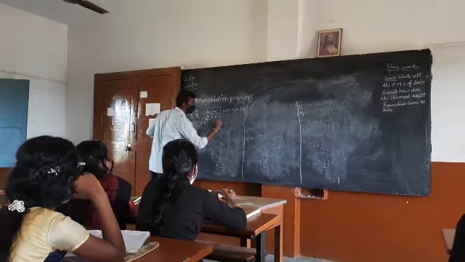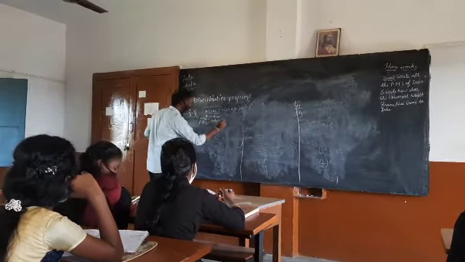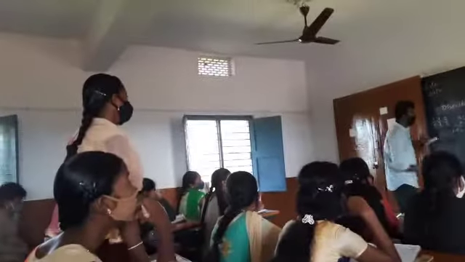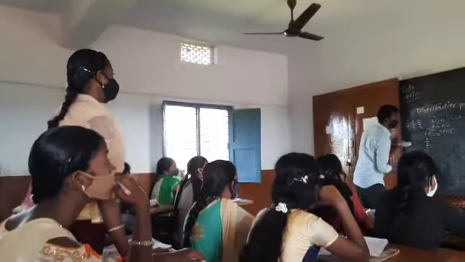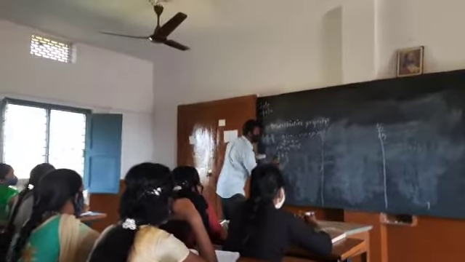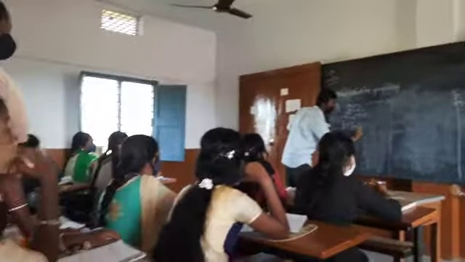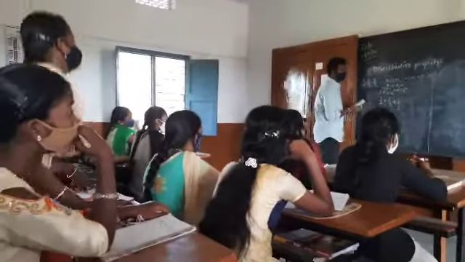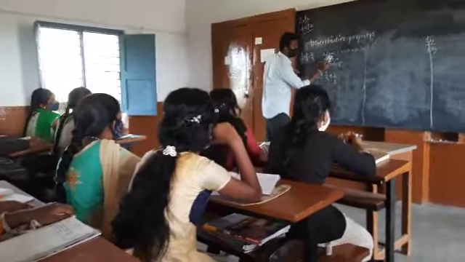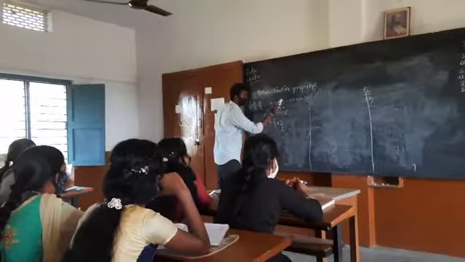Okay. Who will give the representation for me? Yeah, yes. 1 by 2, 1 by 2, very good, plus 1 by 3, 1 by 3 plus 2 by 3, plus 2 by 3. Thank you, sit down. So, if you look at the LHS side, you just need to substitute the 1 by 2, 1 by 3, 2 by 3 here.